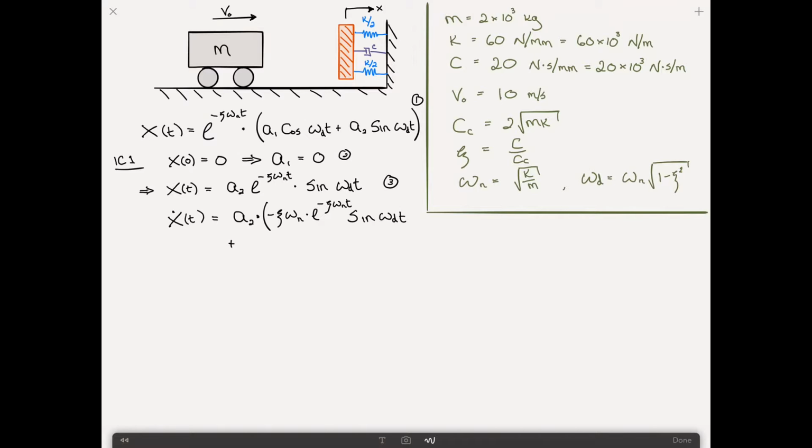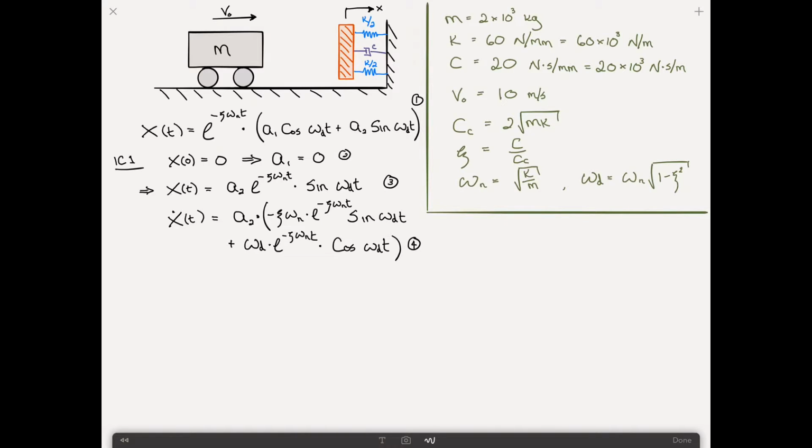The derivative of sine is omega d times cosine. So it's omega d times e to the minus zeta omega n t times cosine of omega d t. We'll call this number 4.